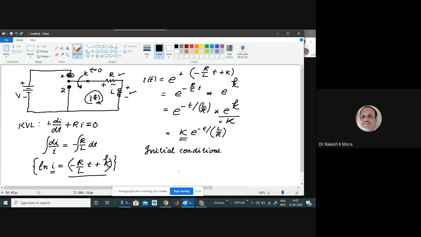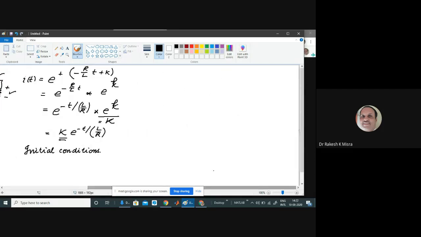So for that, we will see what was the position of the circuit. It will be like this. This was the voltage source with this polarity when it was connected to 1. This switch was connected to 1, and 2 was not connected, it was open. Then we were having this circuit.